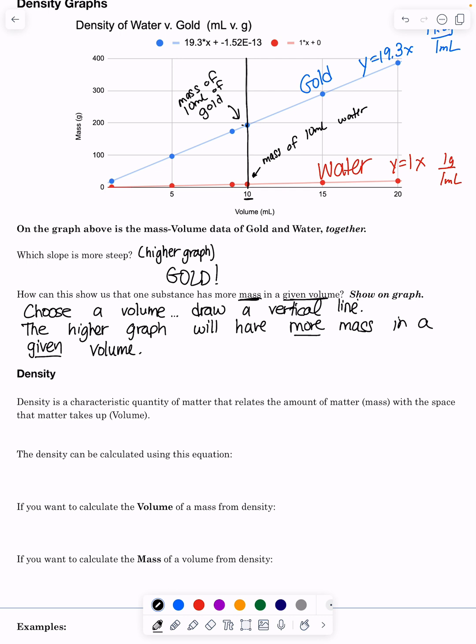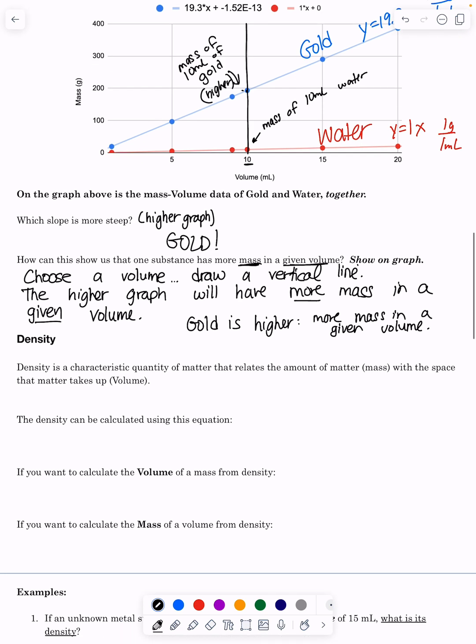This one is higher. And clearly this is more mass in a given volume. So gold is higher. That's more mass in a given volume. That is definitely a future quiz or test question to unpack there.